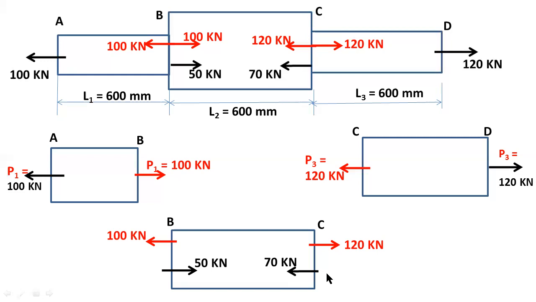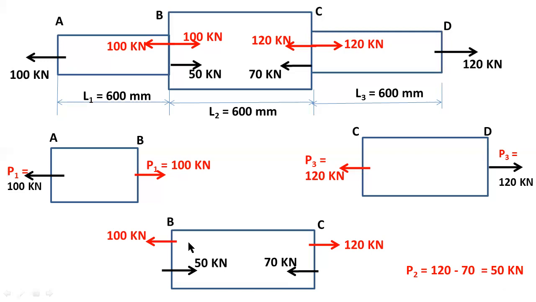So the sum of these two loads is P2. The load acting on the bar BC, P2, equals 120 minus 70. 120 is a tensile load and 70 is a compressive load; that's why I am taking a negative sign for compression loads. So the total load acting on the bar at C equals 50 kilonewtons.